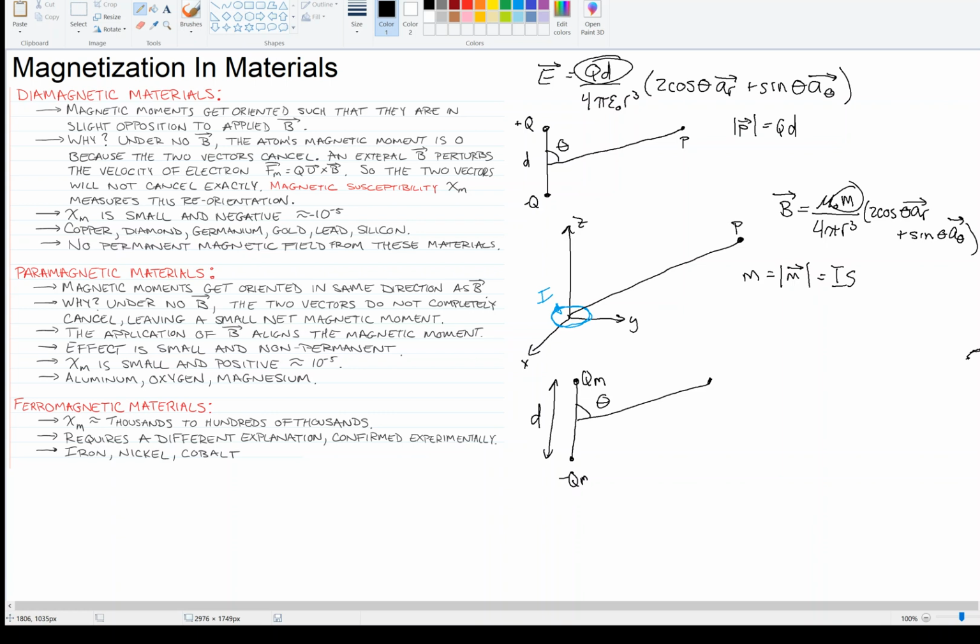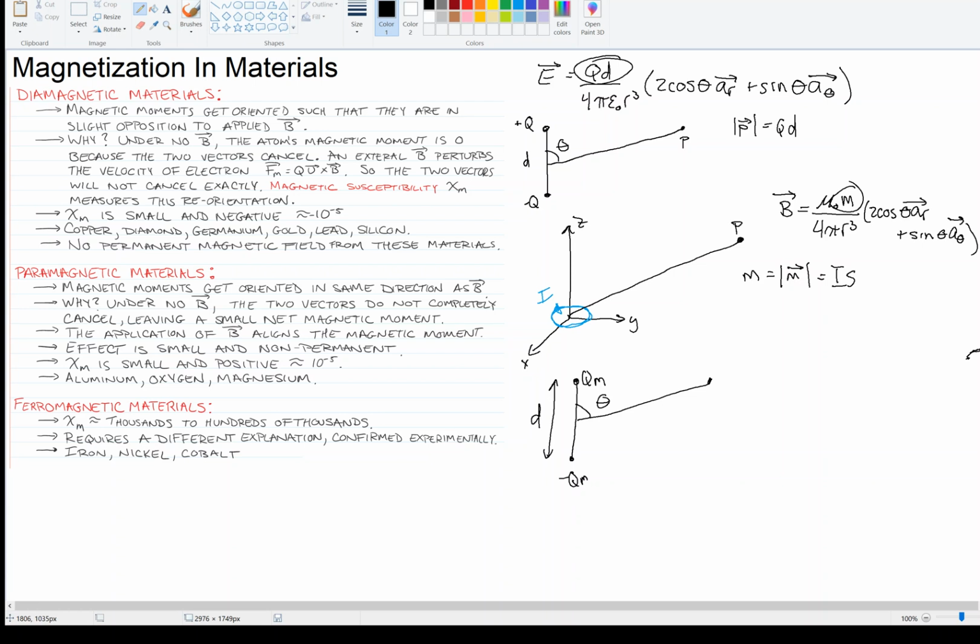And further, electrons also spin around their own axis, which creates a second magnetic moment. So that's key there. There are two magnetic moments. The total magnetic moment of the electron is the vector sum of those two. Again, the electron is spinning around the nucleus, and it's also spinning around its own axis, and together that makes the magnetic moment of the electron. And by the way, this is also what gives the Earth its magnetic field.